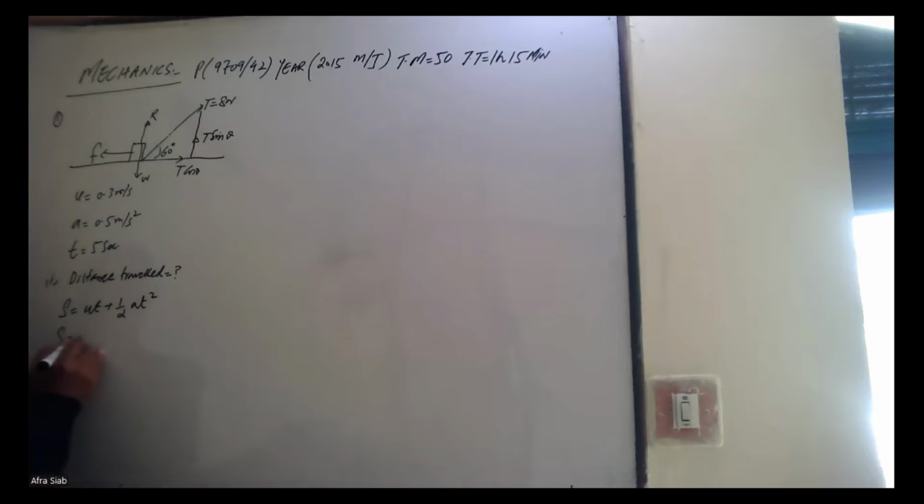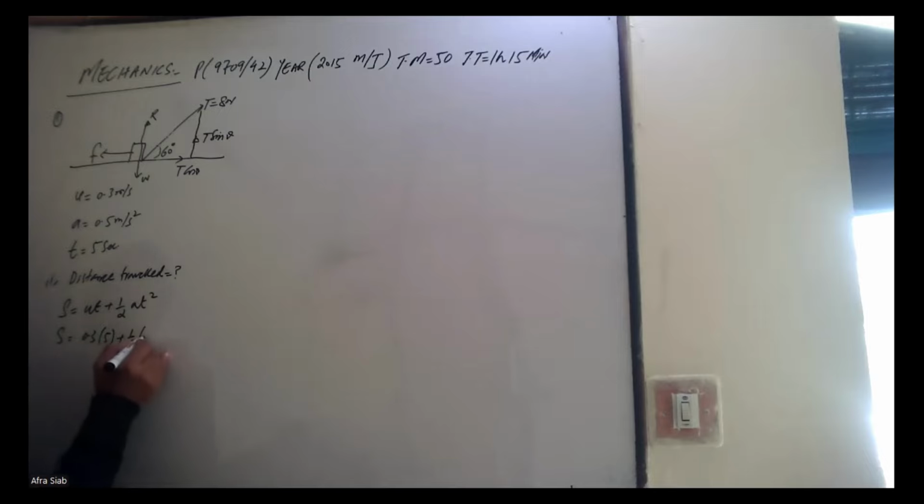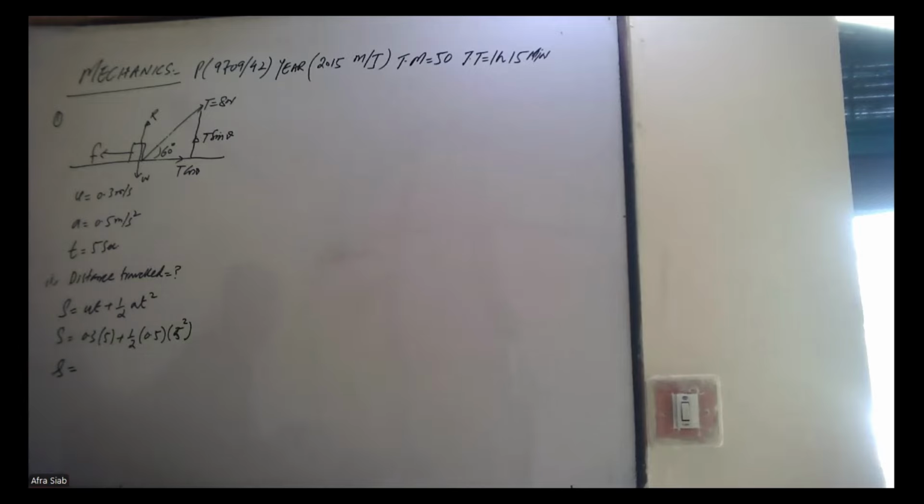S is equal to u, which is 0.3, times t, which is 5, plus half, acceleration 0.5 into time 5 square. This will become S is equal to 7.75 meters. So this is the distance traveled by that particle.